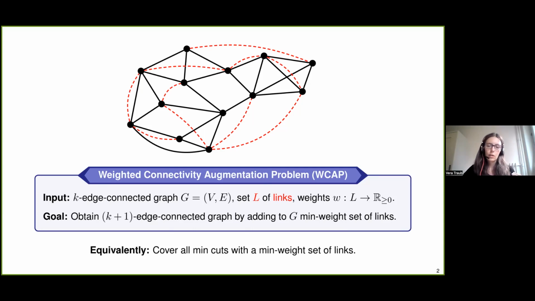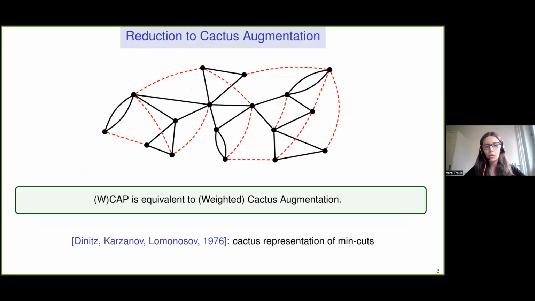And so let me start with some very important observation. Namely, we recall that we want to essentially cover all the minimum cuts of our graph by links. And now there is some very well-known, or some kind of well-known theorem, some classic result by Dinitz and others, that says that the minimum cuts of a graph have a very particular structure, namely that they can be represented by a so-called cactus graph.